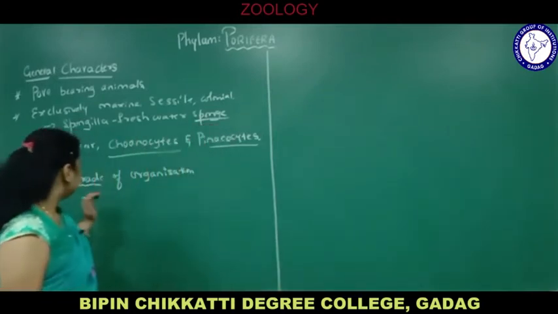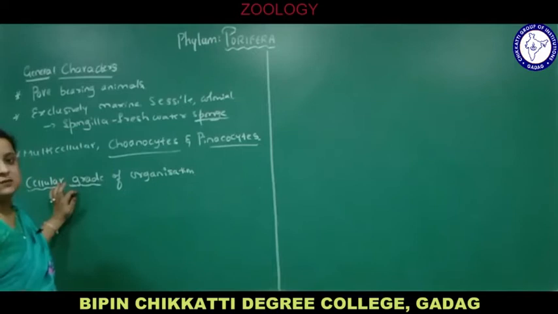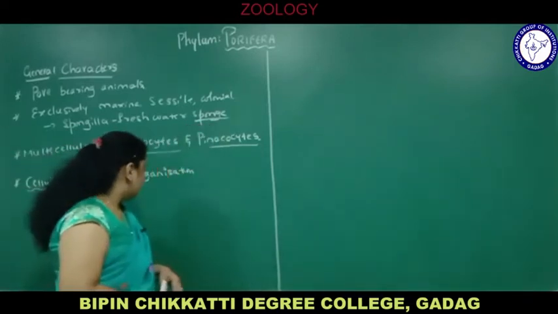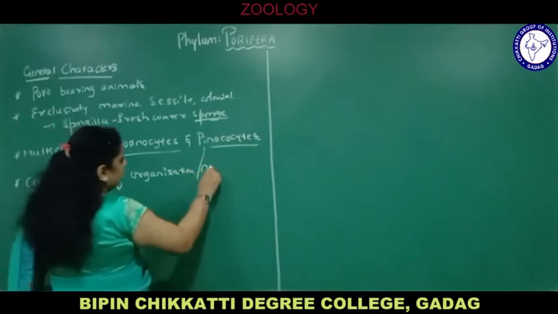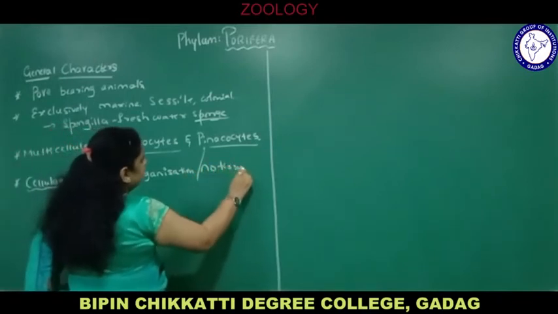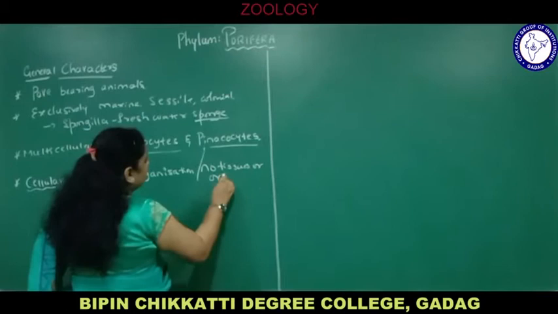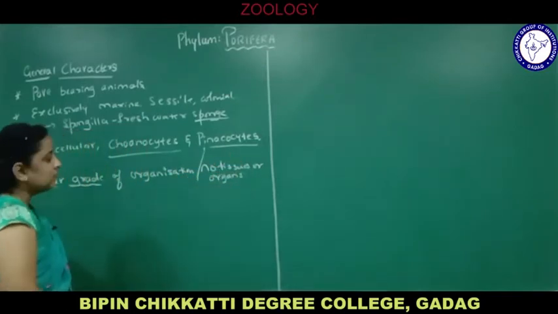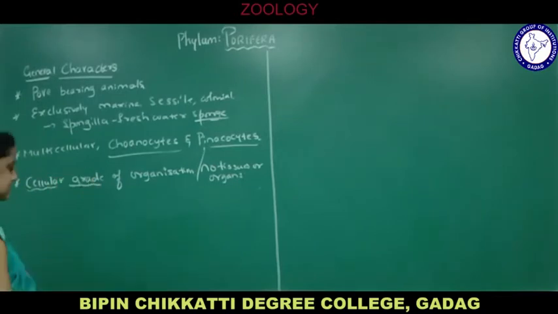They belong to the cellular level of organization, which means their body is made up of only cells. There are no tissues or organs as such. If you go to other phyla, there you will have tissues and organ systems. Next, they are mostly aquatic, as I already told you.